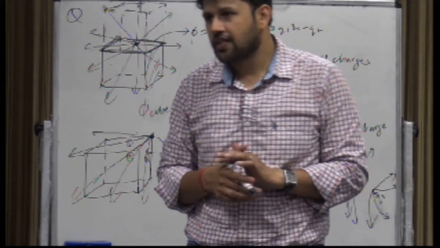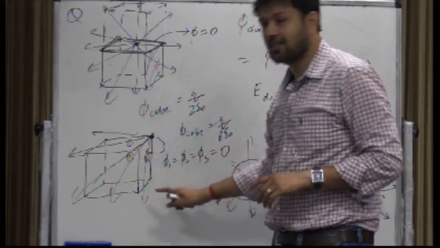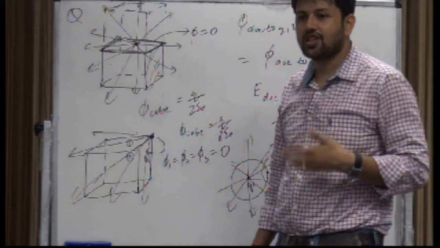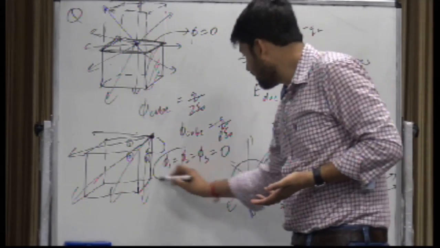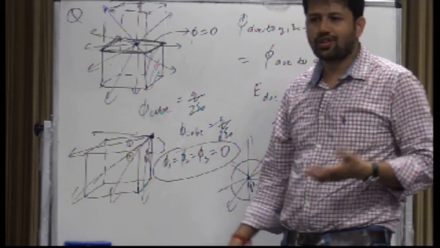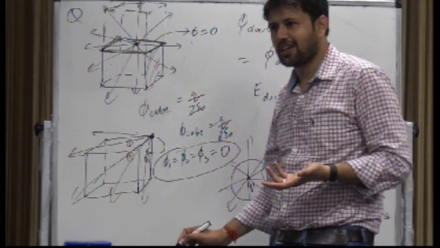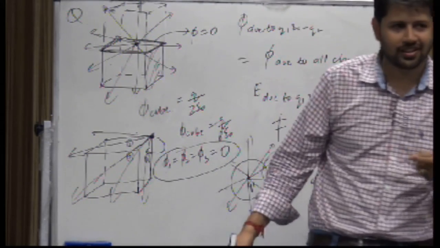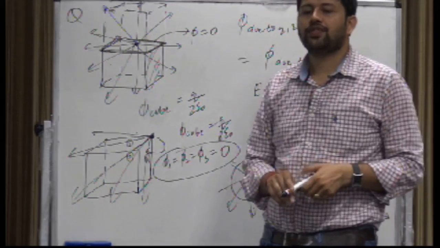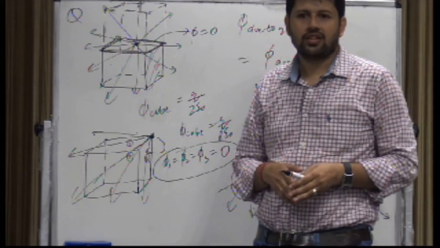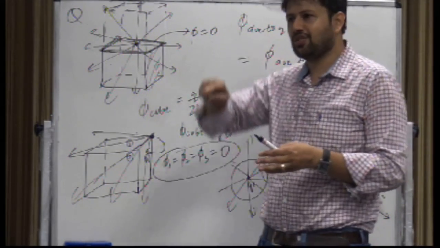Is it okay? This is a JEE question asked long back. They asked this, not q by 24 epsilon naught, because that's easier to think. It's difficult to think that for these faces the field would only graze. It cannot enter, because for entering it would need to make a loop.